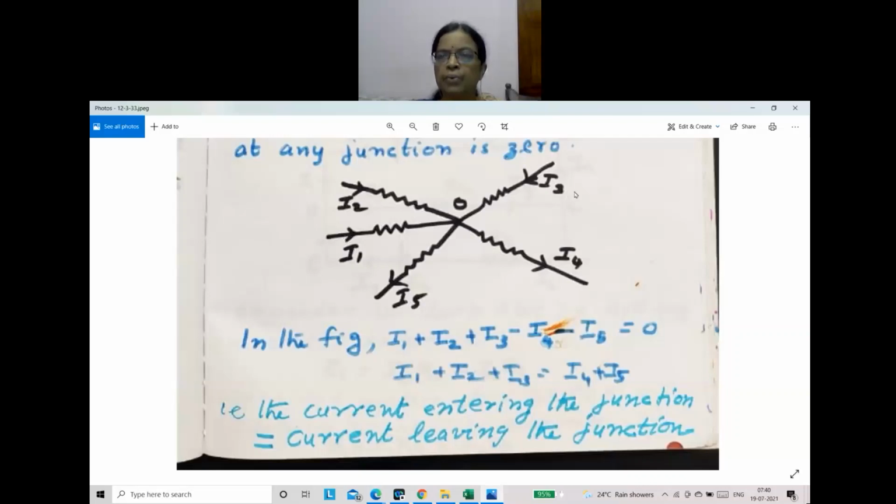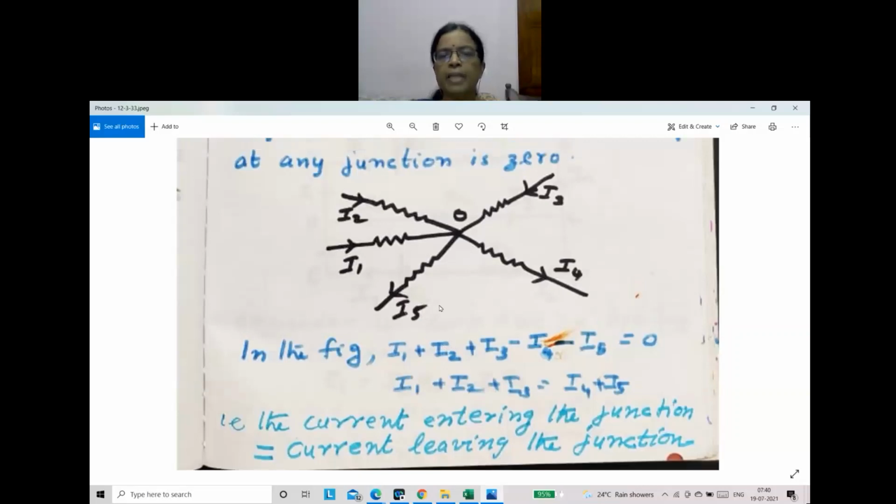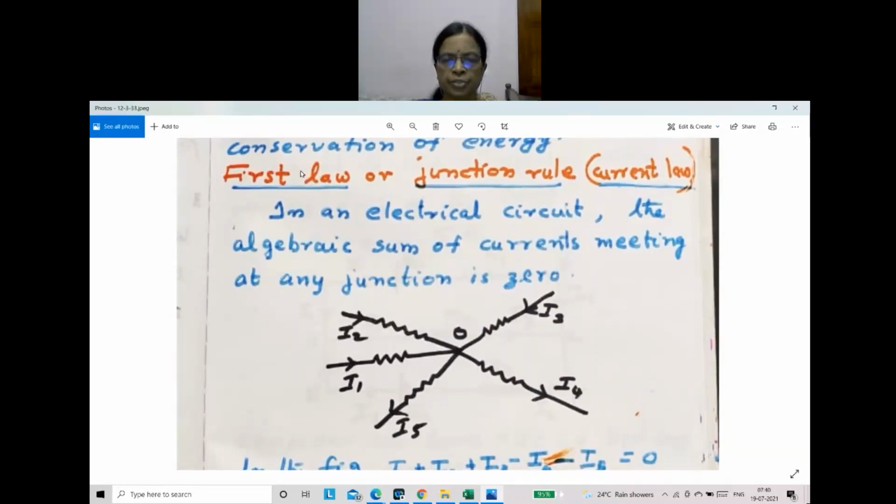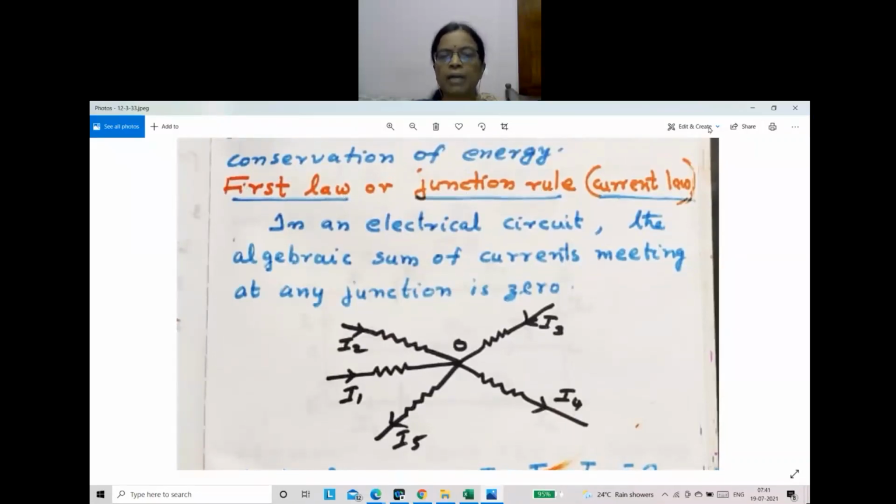That is the Kirchhoff junction rule, also called the current rule. It is also termed the first law: Kirchhoff first law, Kirchhoff junction rule, Kirchhoff current rule. Different names are given to this rule.